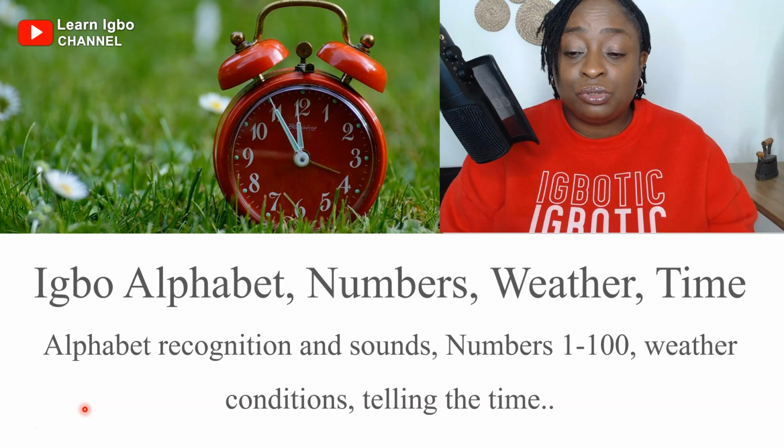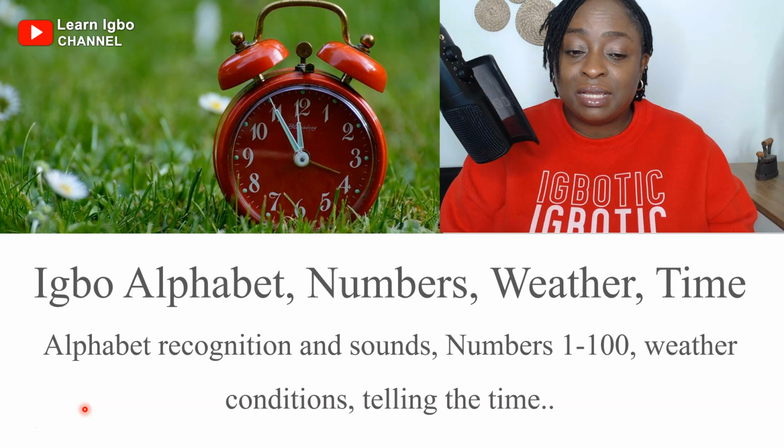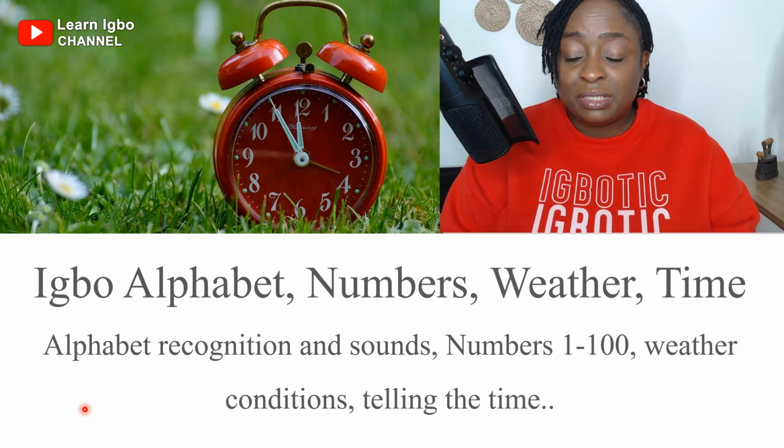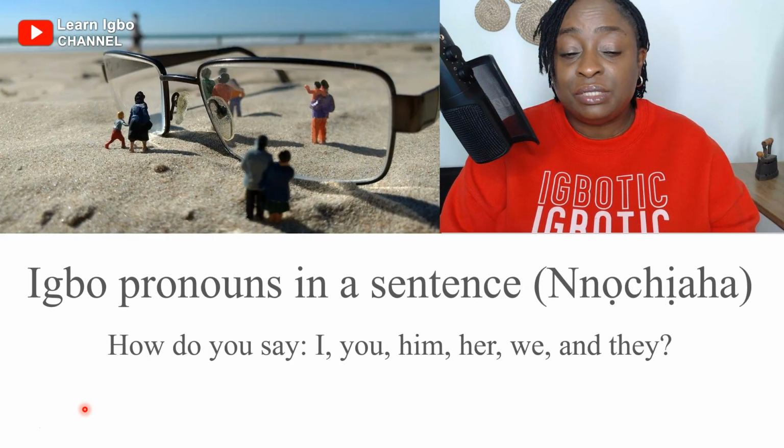Learn numbers 1 to 100, weather condition. Learn how to tell the time. And that's it, really, for the Igbo alphabet, numbers, weather, time. It's an ongoing process.